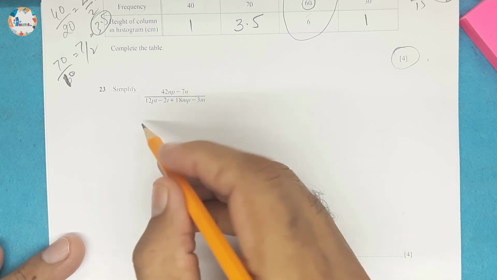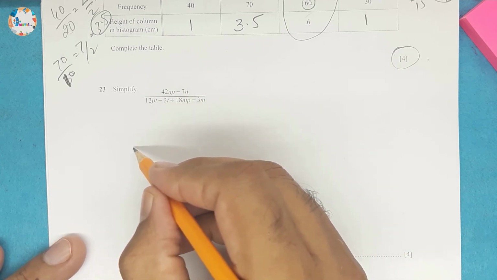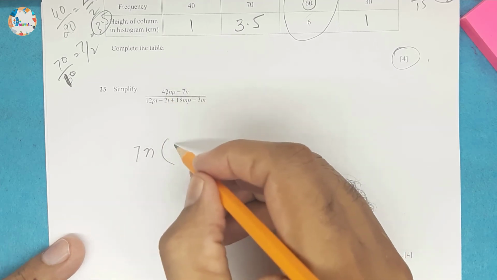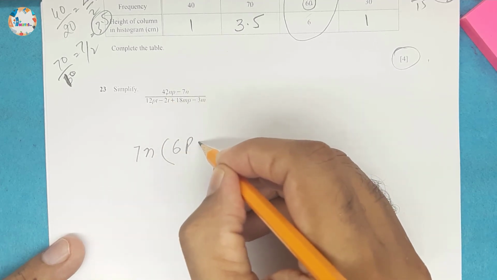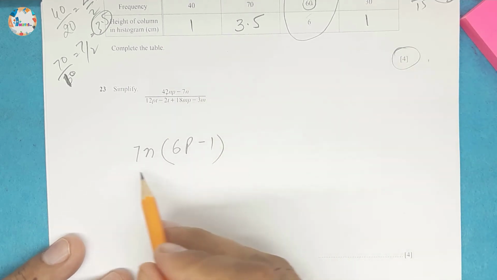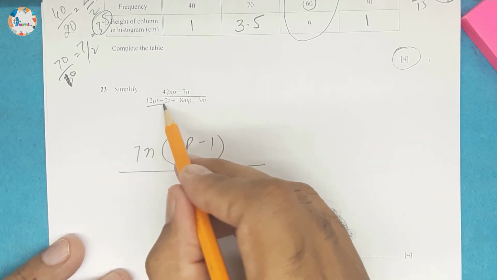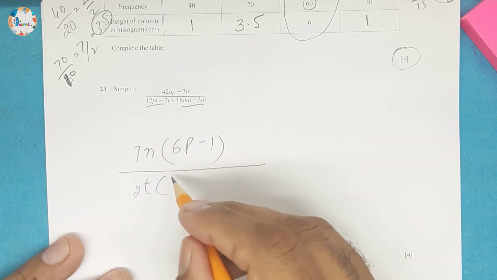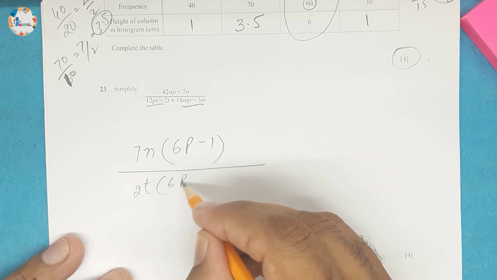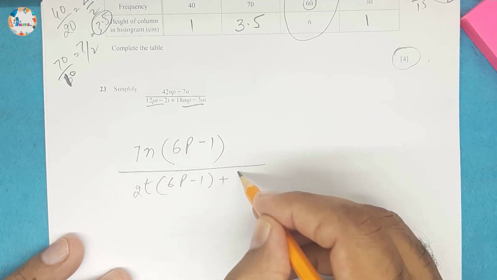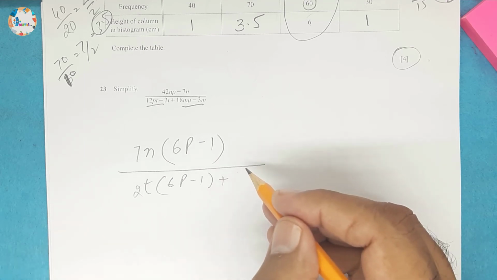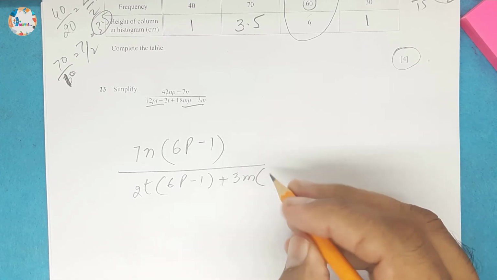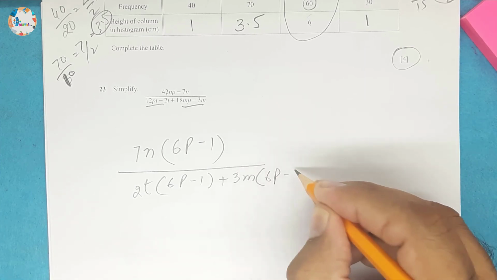So what we can do is take the maximum common factor from the numerator, 7n we can take common. So it will be 6p minus 1 as the numerator, and in the denominator we can make pairs. From here we can take 2t common, and this will be 6p minus 1, and plus again we can take 3m common, so inside will be 6p minus 1.